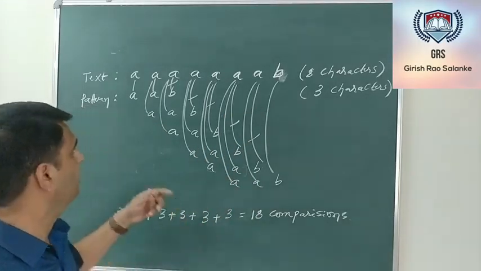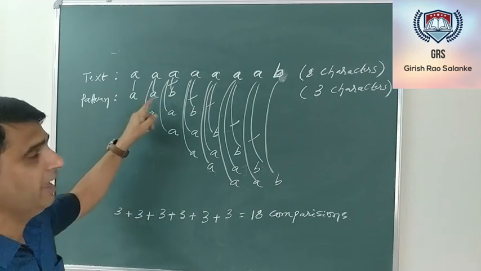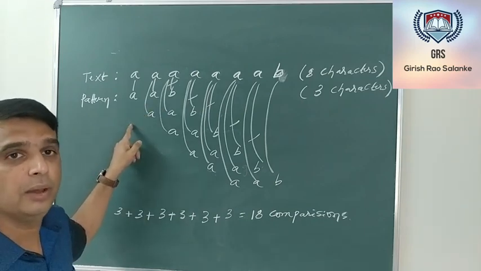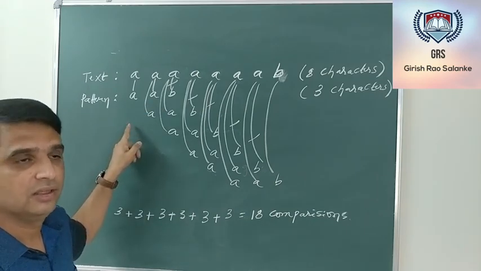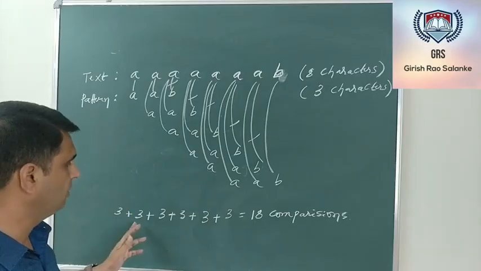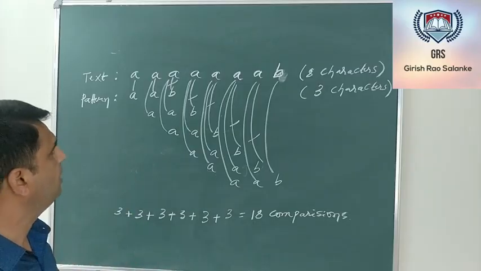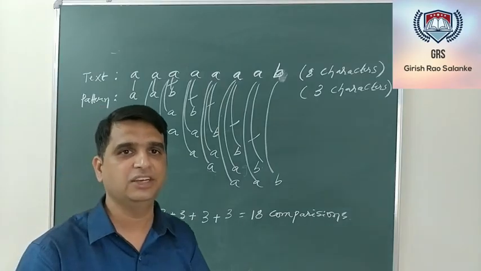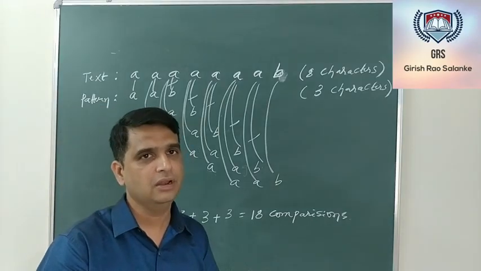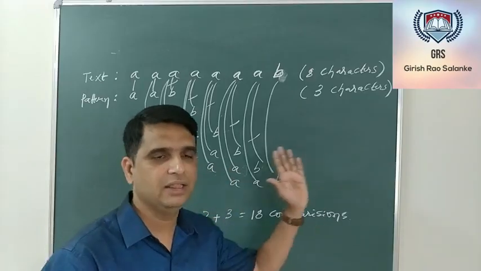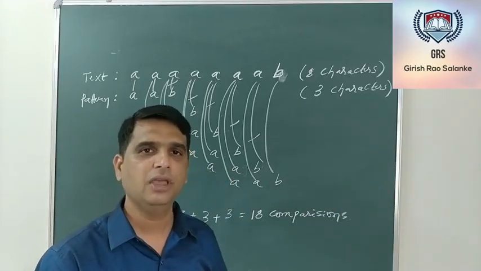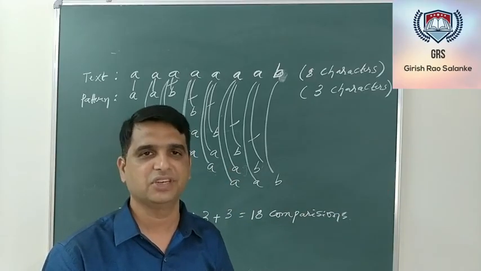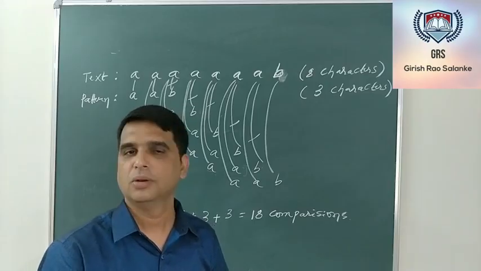The other condition is that in each iteration, I should do m number of comparisons. So the worst case scenario of the naive string matching algorithm is when in each iteration I do m comparisons until the last iteration. Hope this is clear.